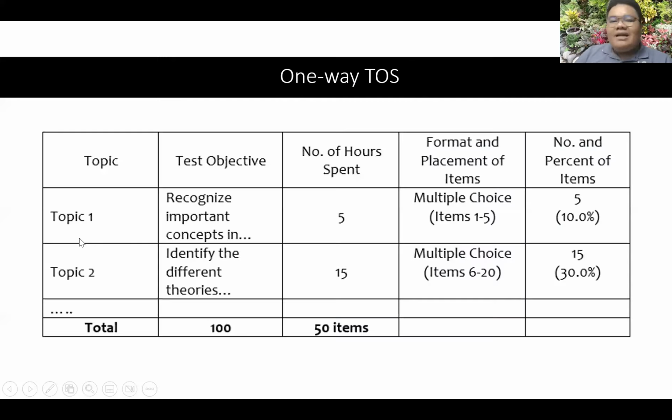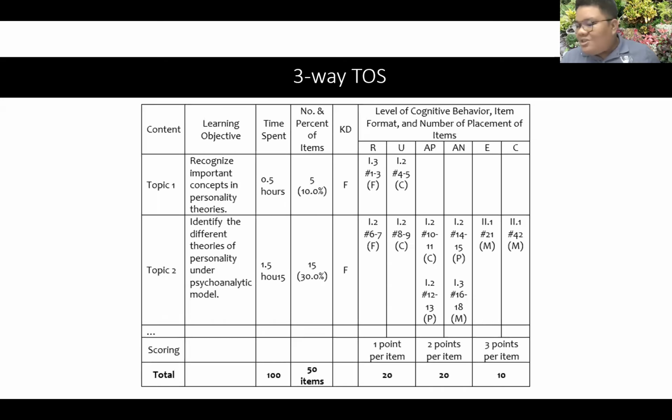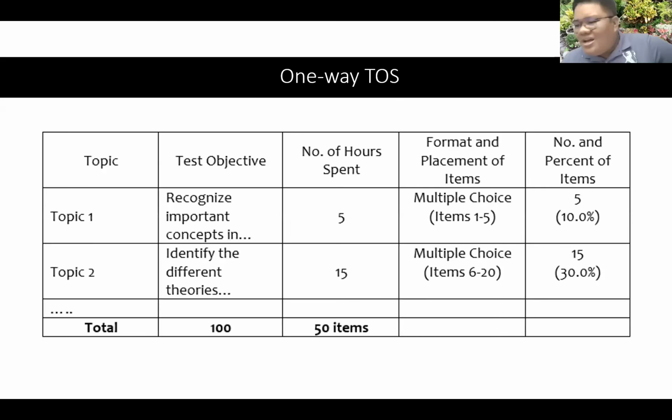Okay? Now, napakarami tayong TOS format, no? Nandyan si one-way, nandyan si two-way, at nandyan si three-way. So class, pag sinabi nating one-way TOS, tingnan nyo lang po yung content. Okay? Yan po si one-way. Ito po si two-way. Tsaka ito po si three-way. Okay? So with that, siguro nakikita nyo naman that one way is the simplest.